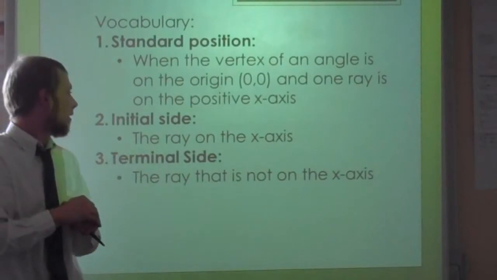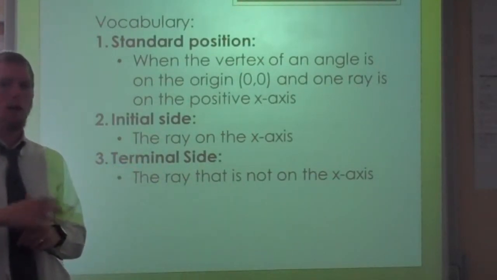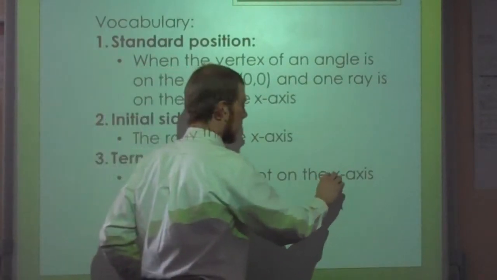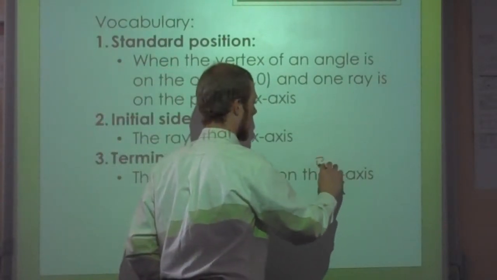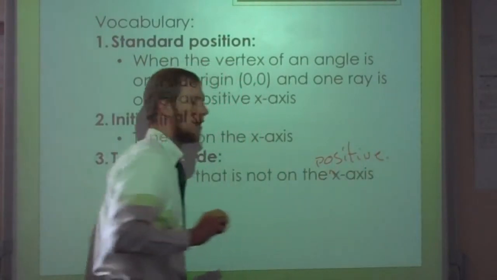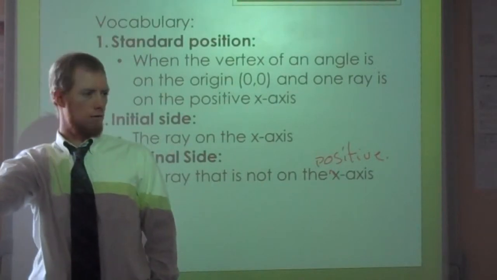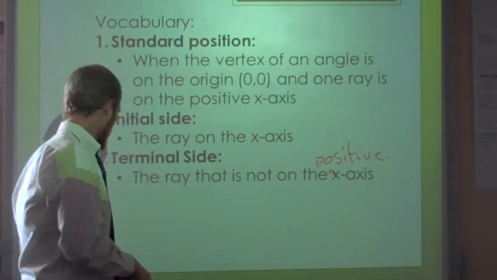We have the terminal side, which is not on the, and I actually should add in this word, positive x-axis, because it actually could be on the x-axis in the negative direction. Okay?